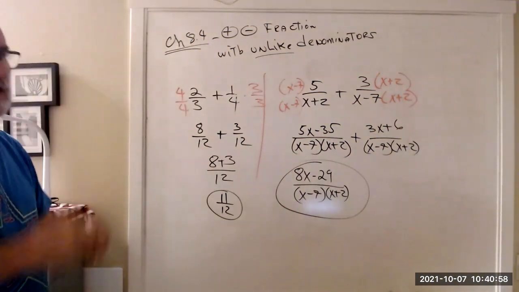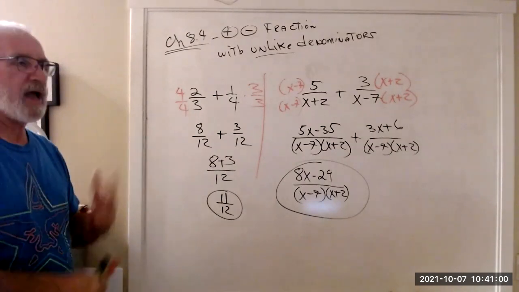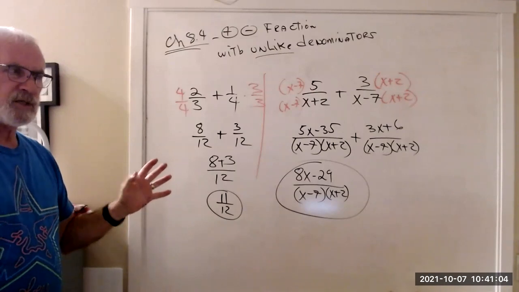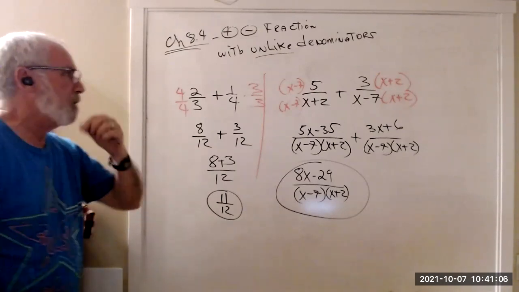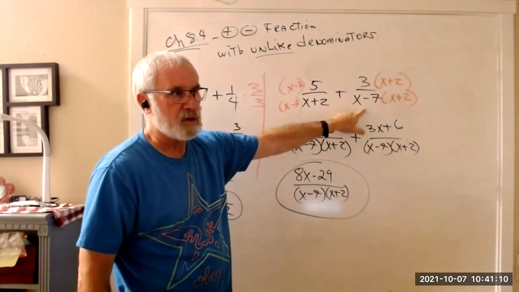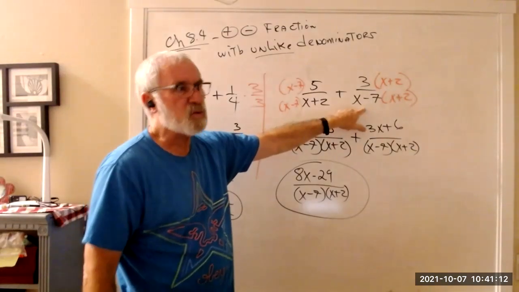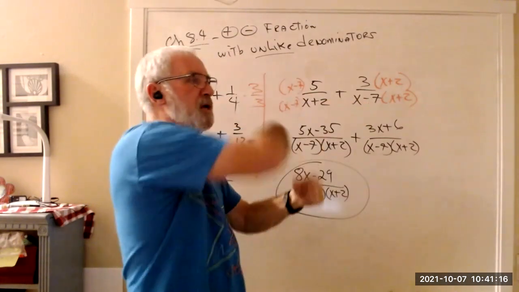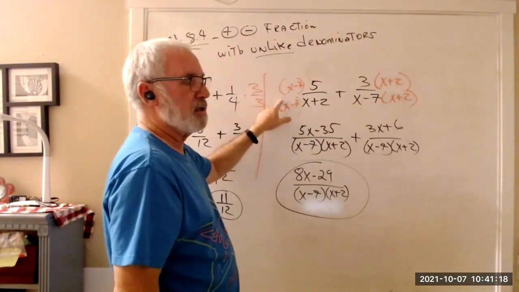So that's the easiest way to add fractions. It's not going to stay this easy, guys. It's going to get messier. But right now, if the two denominators are not the same, the easiest way to do the problem is to use the other denominator as a guide.